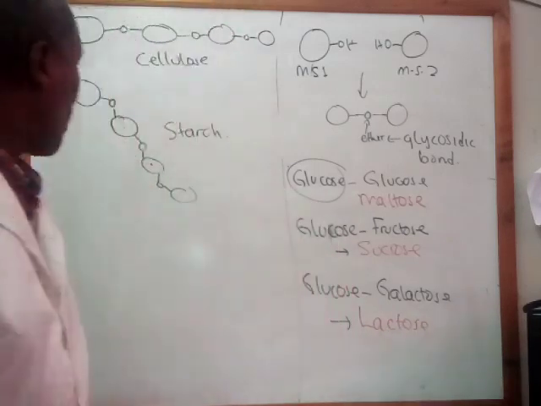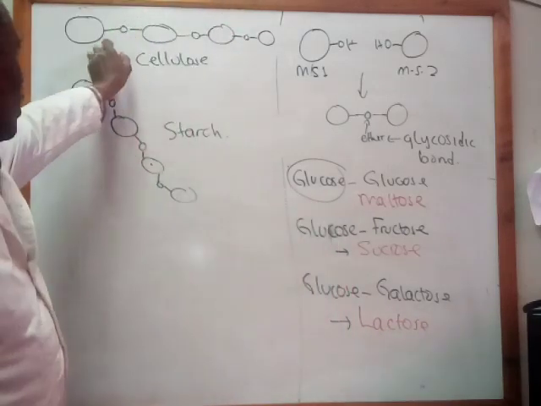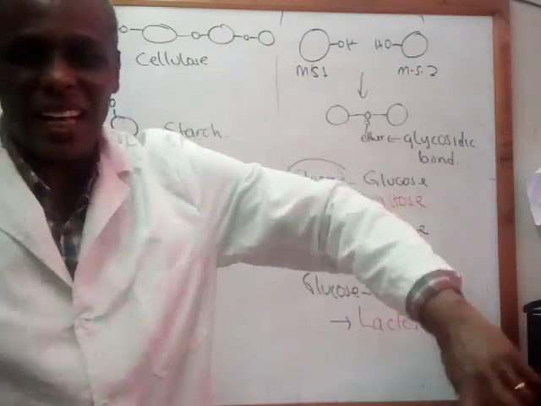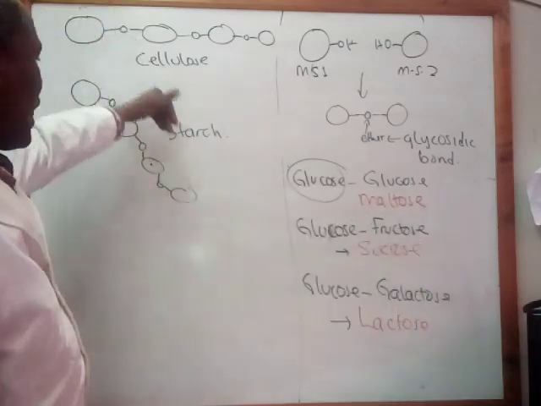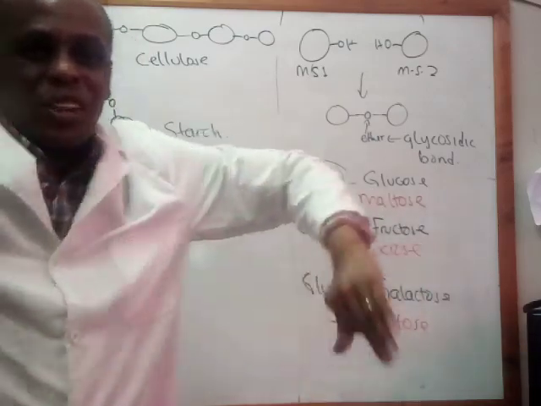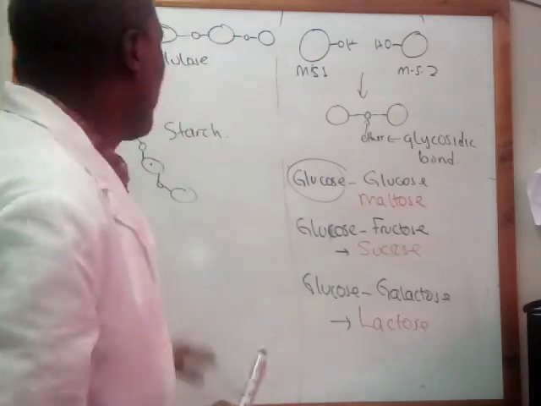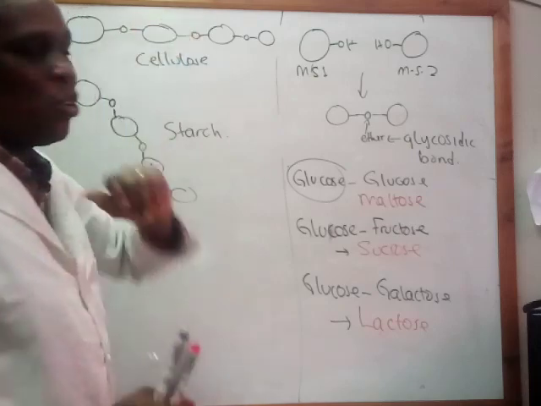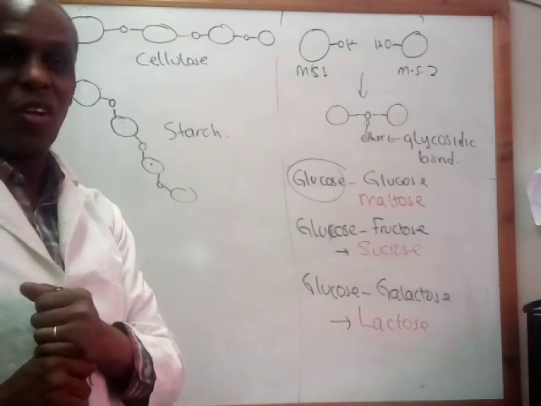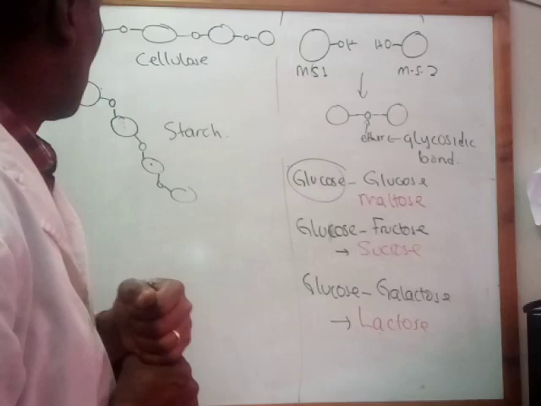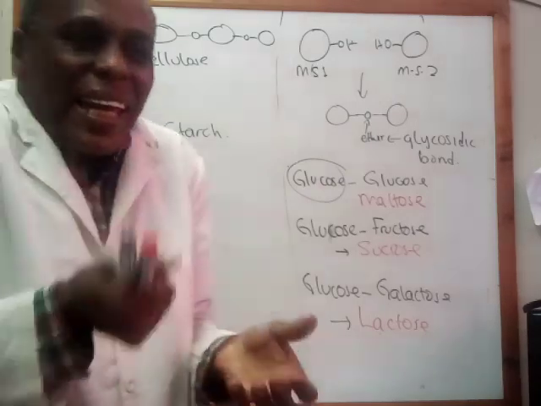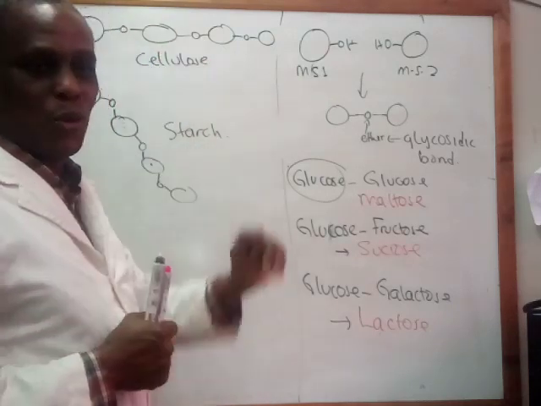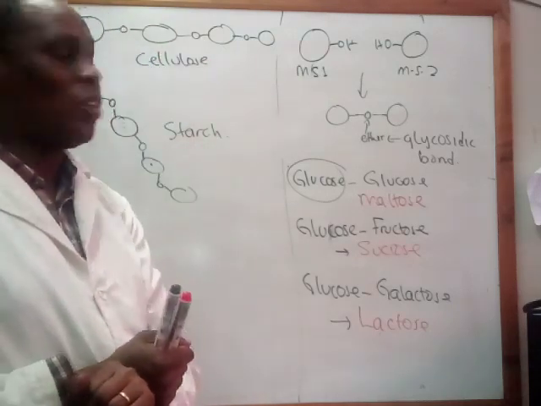So if you have a pocket which is facing zigzag, going down, only a starch molecule can fit onto that pocket, as opposed to if the pocket was linear, then a cellulose can fit. In other words, the enzymes can distinguish between these two polysaccharides.